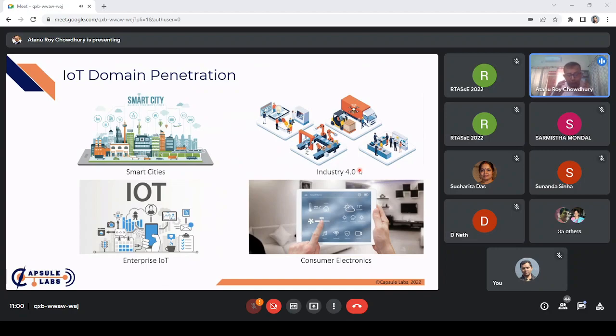So the objective of consumer grade applications is really convenience, design, comfort, right? These are the main attributes when you come across consumer grade applications. Usability becomes the keyword, right?